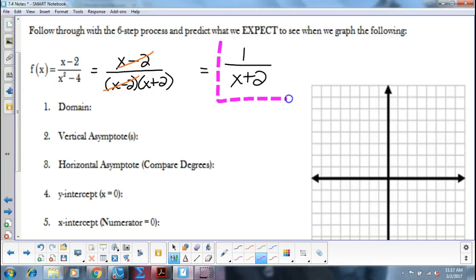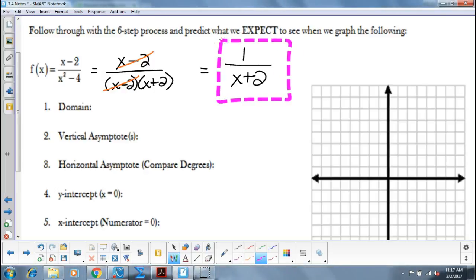Now you might want to put a little box around that, put a nice little star by it, because this is your new function. And you're going to use the new function, your simplified version, all the way through the rest of the problem.